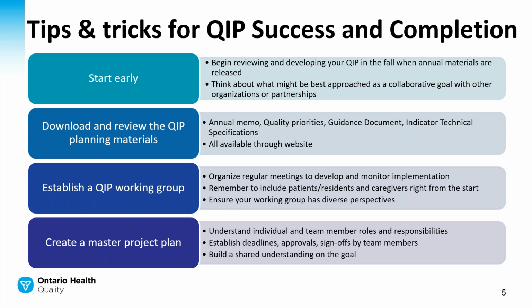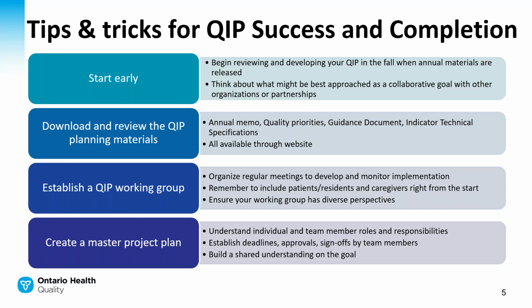We recommend starting early. While continuous QI is always on your mind, the QIP cycle for submission does begin in the fall. Download and review your annual materials as soon as they are released, and think about how other organizations may be able to collaboratively work on goals with you.